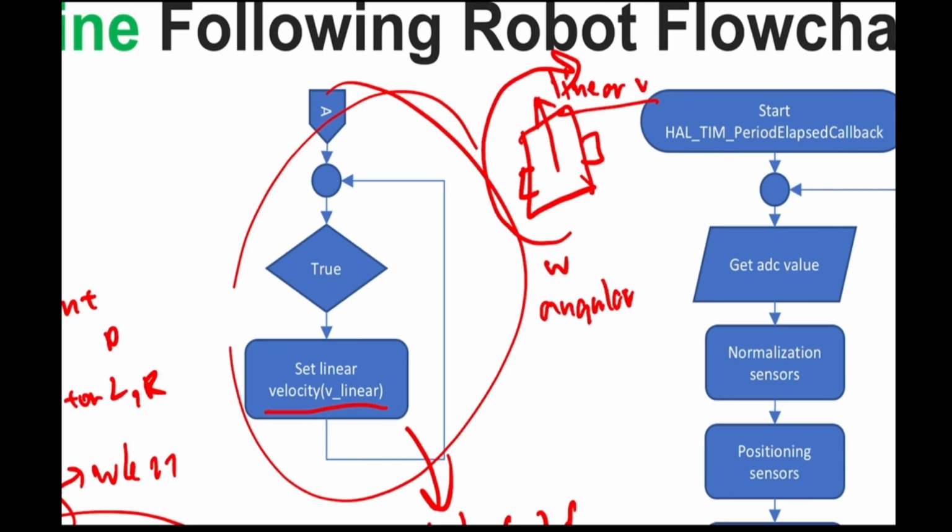As I told you, we will use the timer interrupt to be the control part, and the timer interrupt will wait for the linear velocity that we command from another task. If we set linear velocity greater than 0, that means you are commanding the robot to move forward, right? To move in linear.